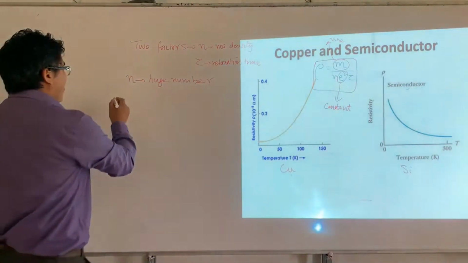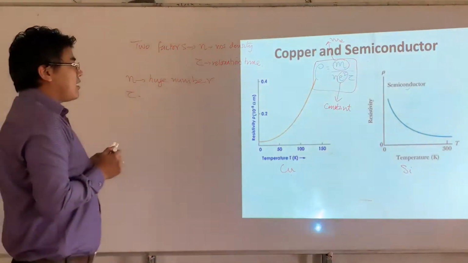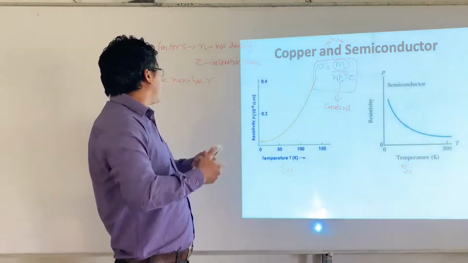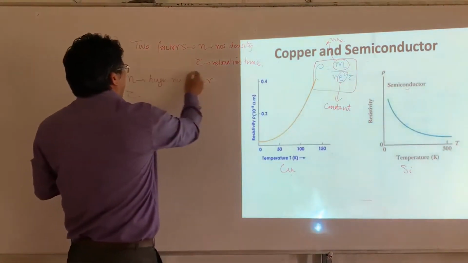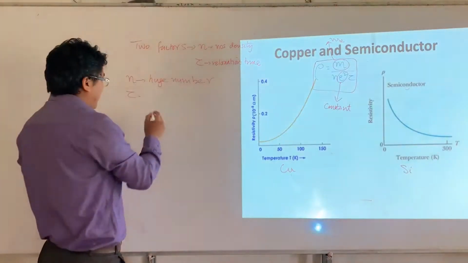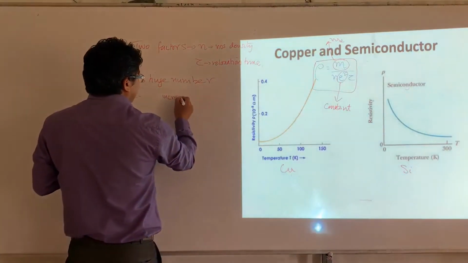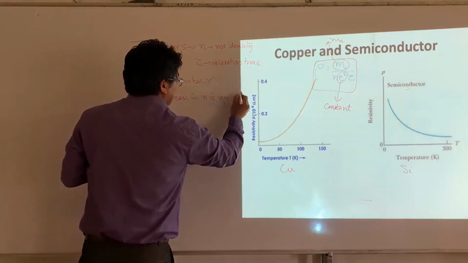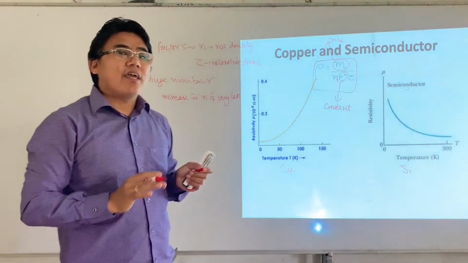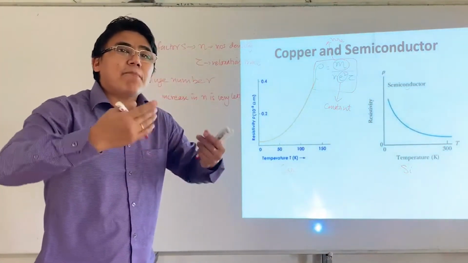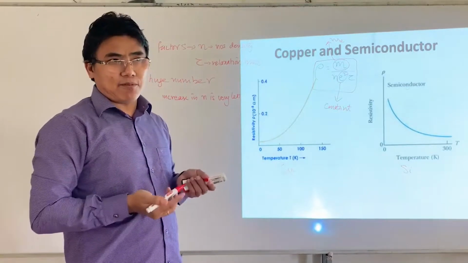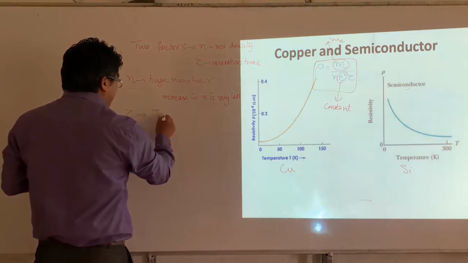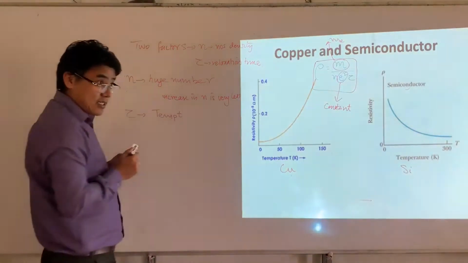Now look here. As temperature increases, the increase in n is very small, very negligible. However, what about tau? This is the temperature factor.